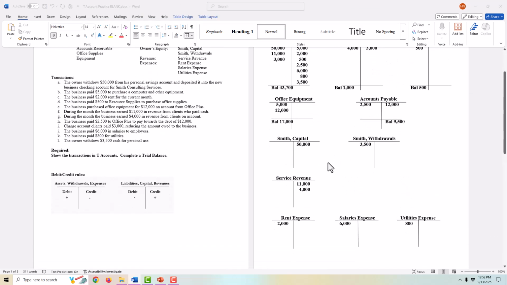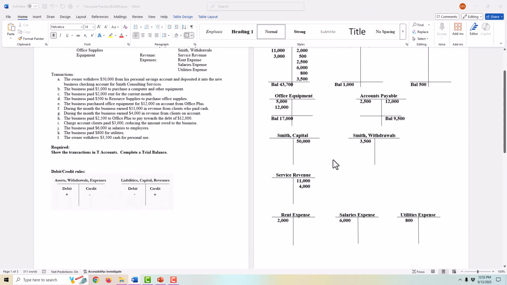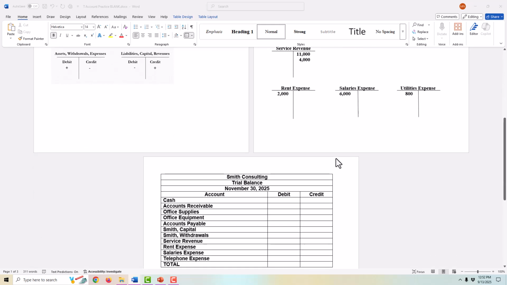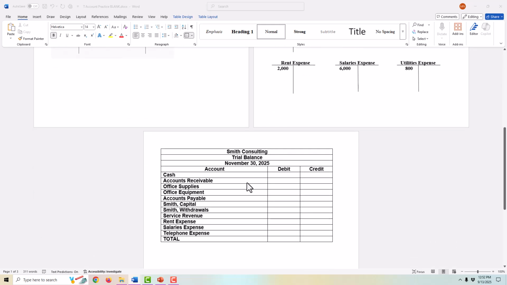Once you have your ending balances from the T accounts, then you're going to bring those balances down to the trial balance. The trial balance is just a list of accounts and their account balances. And you would list these accounts in the order of the chart of accounts. So assets go first, then liabilities, then your equity accounts, then revenue, then expenses.